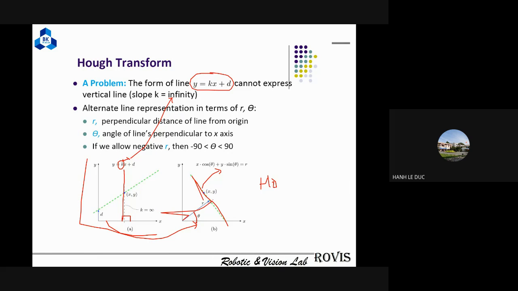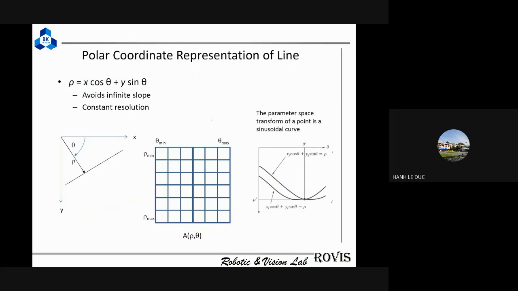And in our image, we have to move the coordinate into the corner on the right-hand side like this, so the equation will become this one, theta and rho like this. And then from here, we will do the Hough transform.